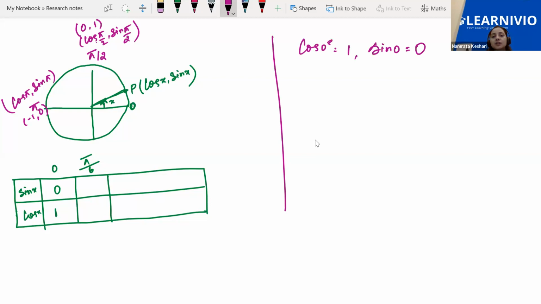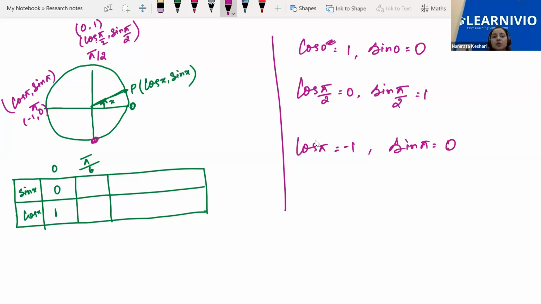Okay, not in degrees, in terms of radians we are talking about the angle. Cos pi by 2 is 0, sin pi by 2 is 1, cos pi is negative 1, and sin pi is 0.